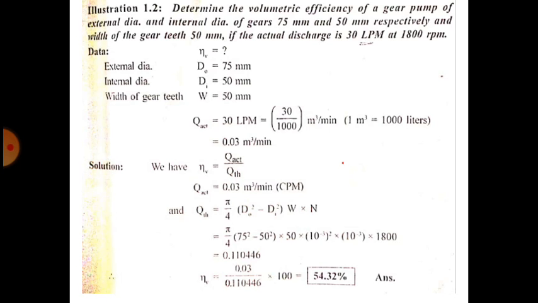So therefore volumetric efficiency is equal to Q actual divided by Q theoretical. Q actual given is 0.03 and Q theoretical we have found as 0.110446. So that will come to 0.4532, multiplied by 100, it will become 54.32. So this is the volumetric efficiency of the given pump.